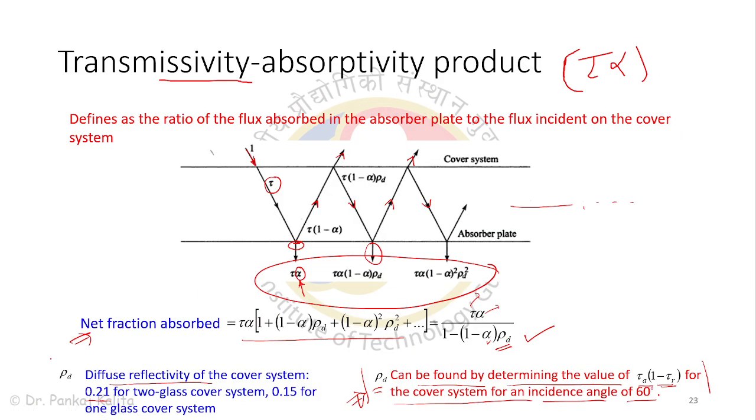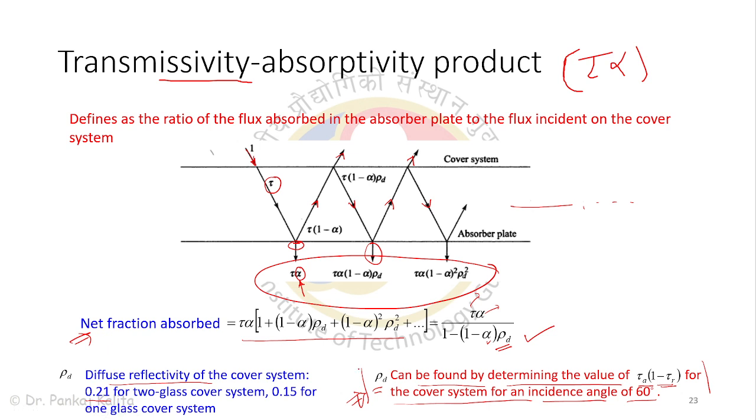Similar to what I told previously, what this factor signifies is how much of the incident solar flux is actually absorbed by your absorber plate. So that is the significance or meaning behind this transmittivity absorptivity product.